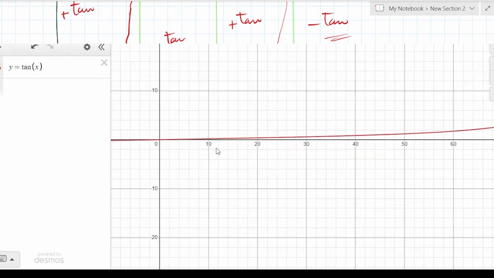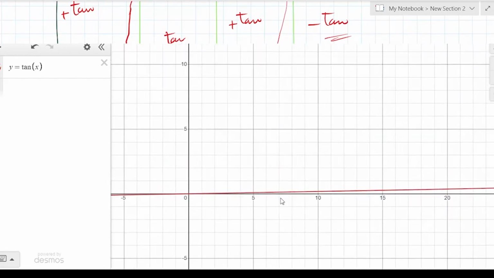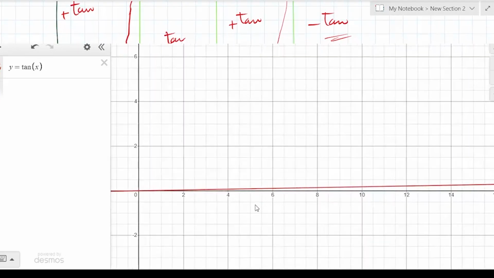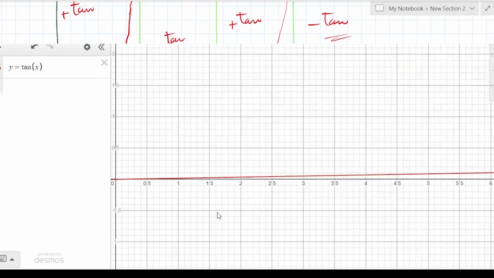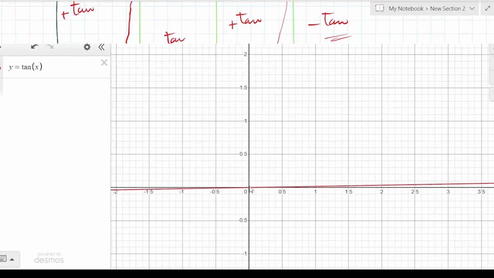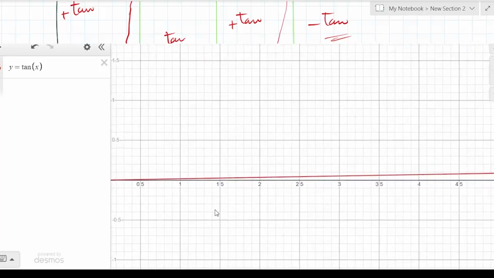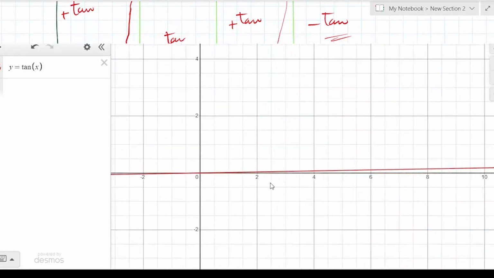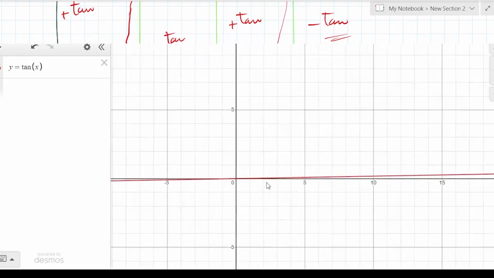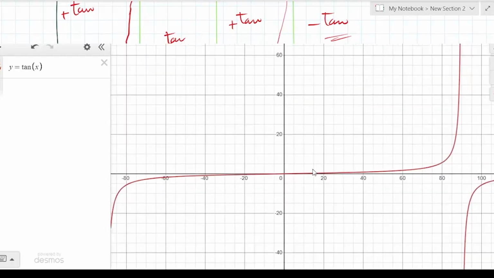And if we get even closer, then you will find that it is not touching x-axis. Here you can see that it touches the point only at the origin. Otherwise, it is away from that. But when we zoom it out, then it seems like it is touching x-axis, but it is not.